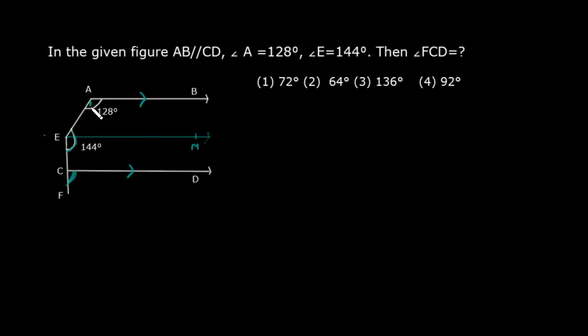If we call this angle 1 and this angle 2, then they are co-interior angles on the same side of the transversal, so their sum is 180 degrees, as we know that co-interior angles on the same side of a transversal are supplementary. That means angle 1 plus angle 2 is 180 degrees.